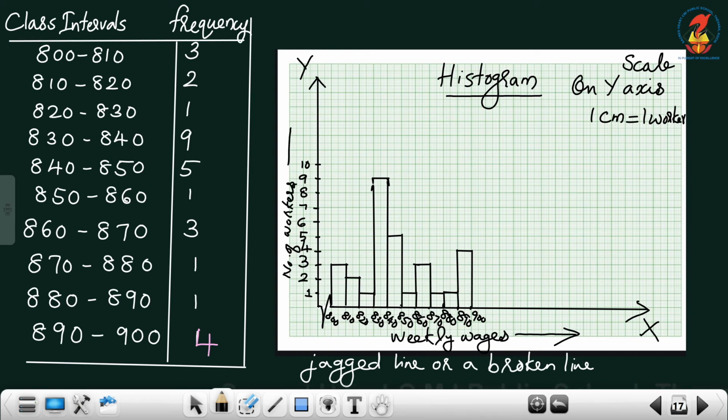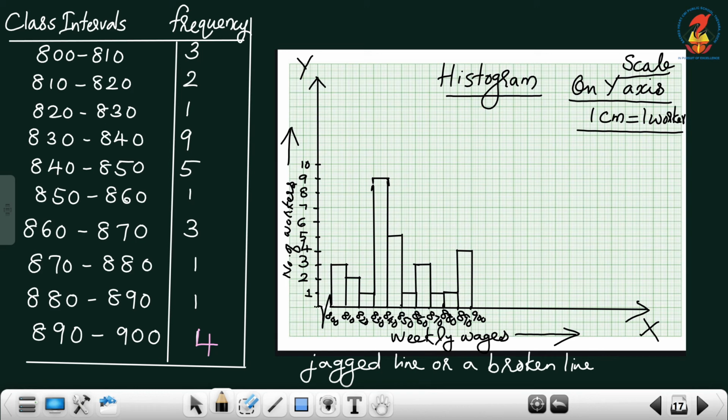So the number of workers are represented on the y-axis, that means the frequencies. Now you have to mention the scale. It is very important. On the y-axis, 1 centimeter means 1 square box or 1 unit, and it will represent how many workers.